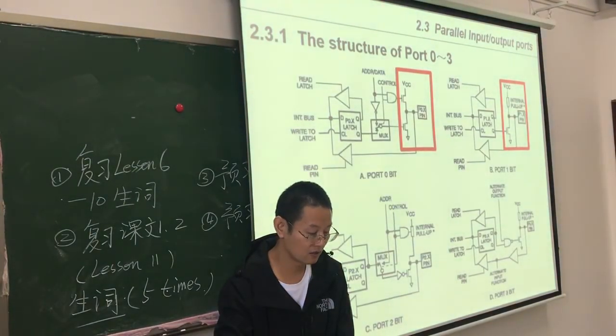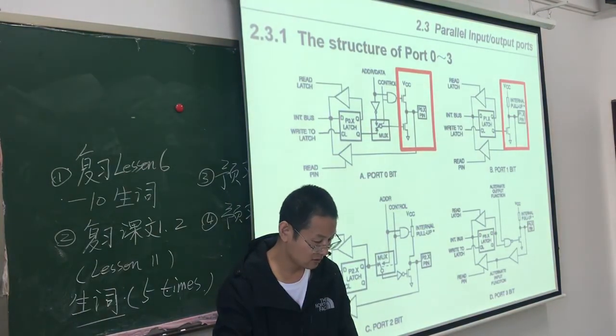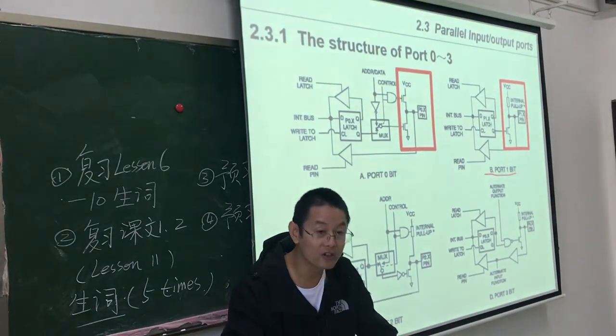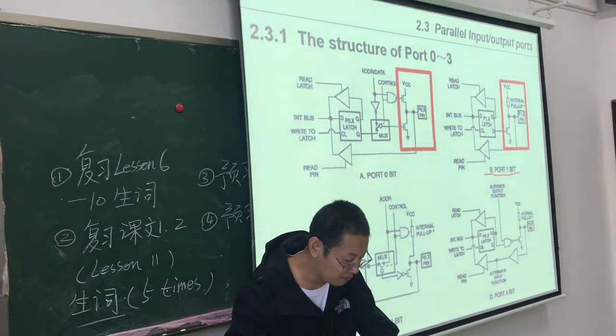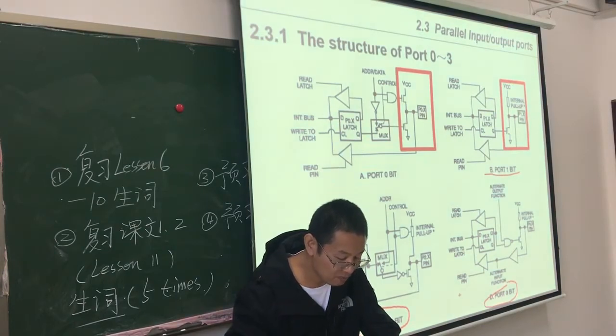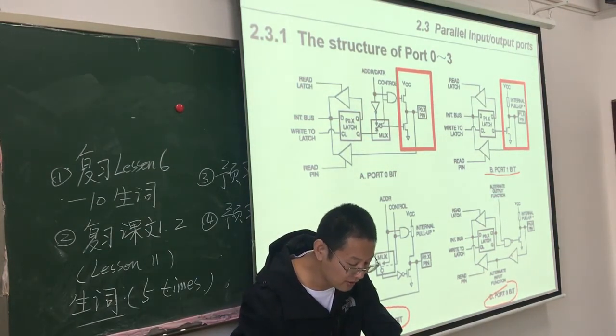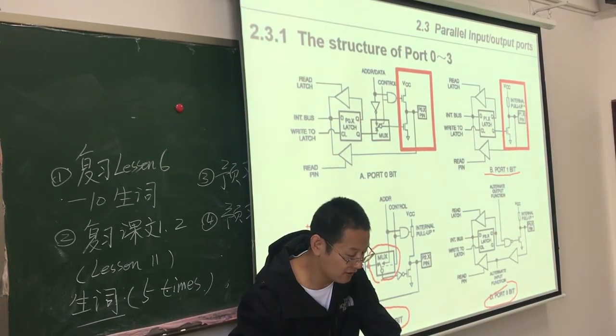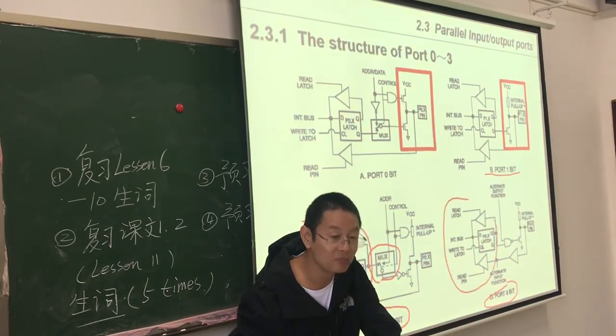What is the difference between port 2 and port 3? Port 2 and port 3 have a MUX. This is the MUX. The other parts are the same.